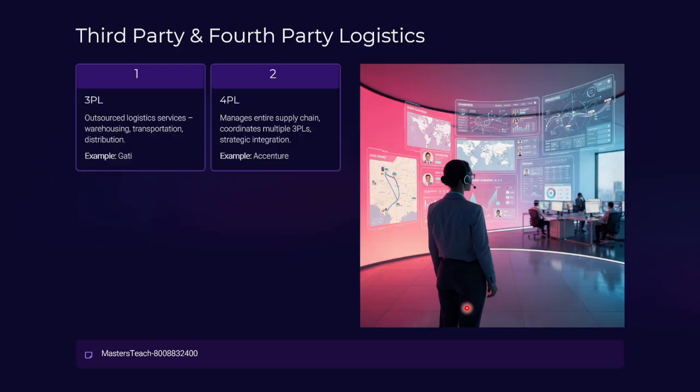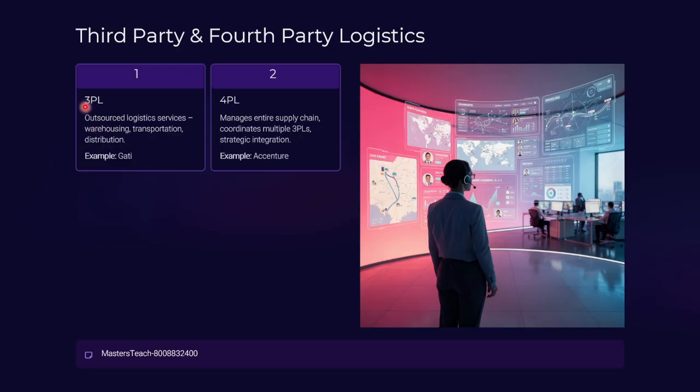Then it comes to 4PL, where PL means party logistics. Fourth party logistics means managing everything entirely, like the supply chain, coordinating with the third party logistics, and strategic integration. Example, Accenture.